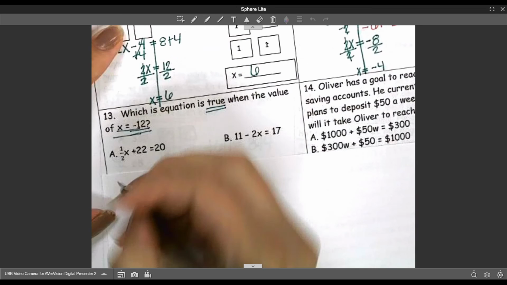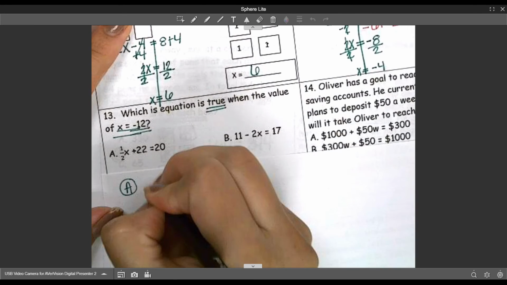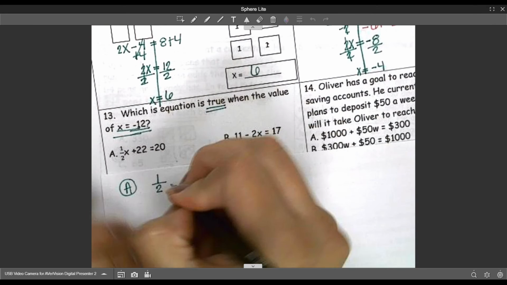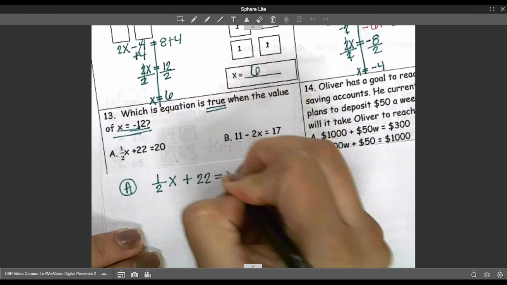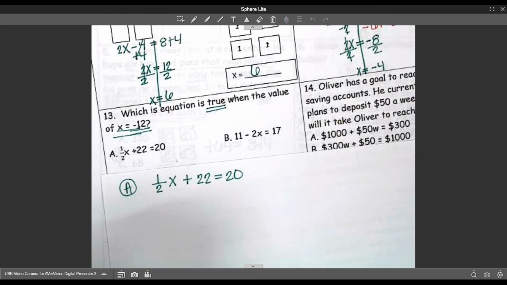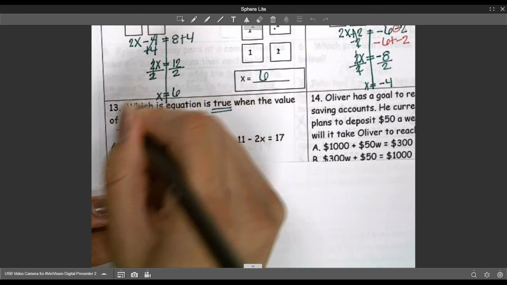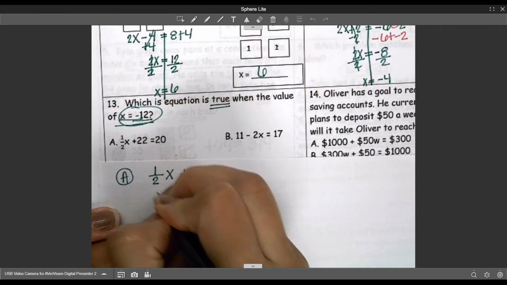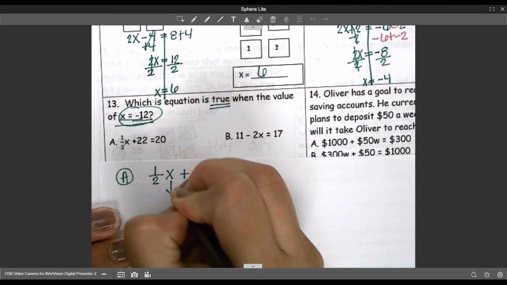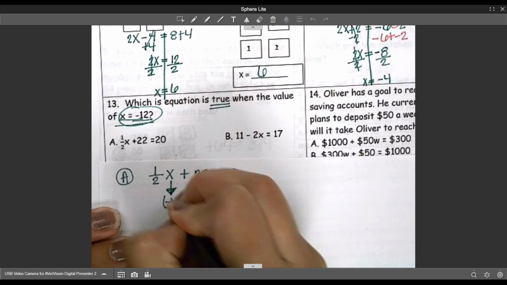Okay, so we're going to try letter A first, and I'm going to write it down. Half of x plus 22 equals 20. The thing is, we already know that x is equal to negative 12. So I'm going to write it again, but this time the x will be a negative 12.